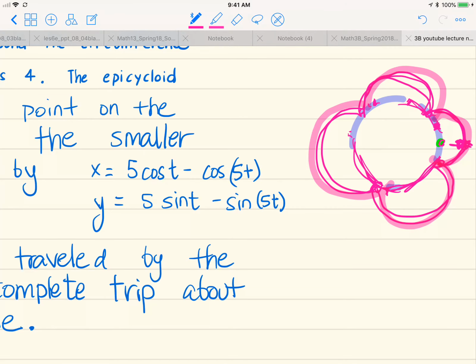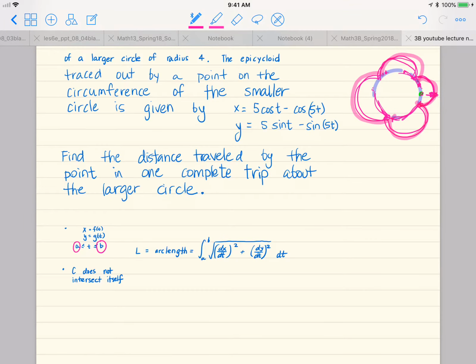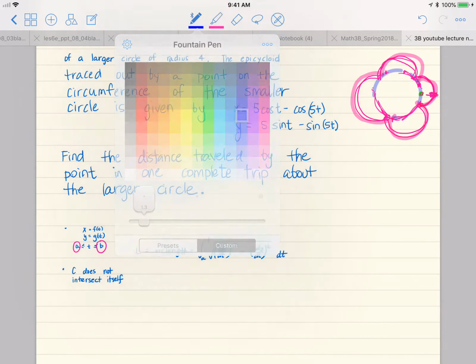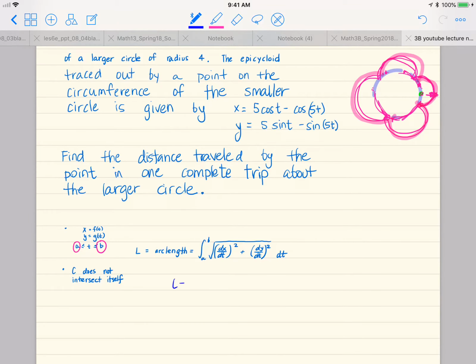So that's the first simplification we're going to make: we're going to say that our L is equal to 4 times the integral, the arc length, just around 1. So imagine what is the length of just one of these petals, if you will.